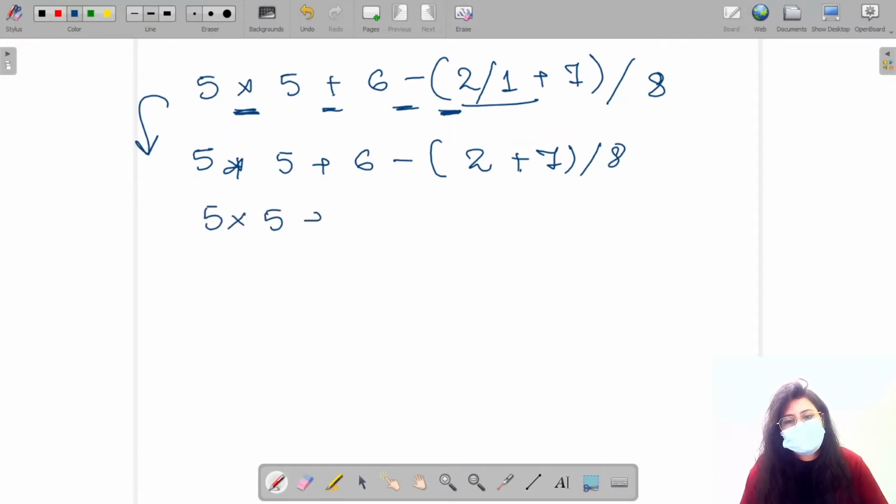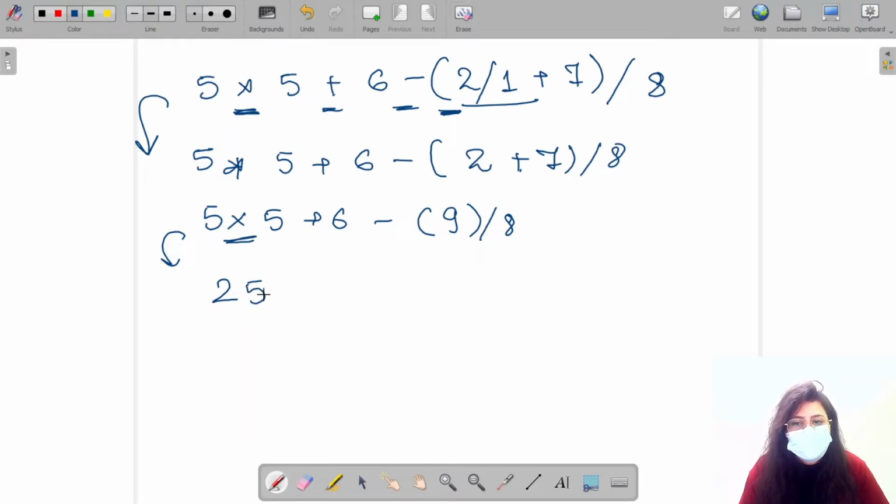5 into 5 plus 6 minus 9 divided by 8. Now the parentheses are solved. Coming back to Basic Calculator 2, the multiplication and division have the same priority, so whichever comes in the leftmost position, we'll solve that first. So we'll solve this multiplication sign first.